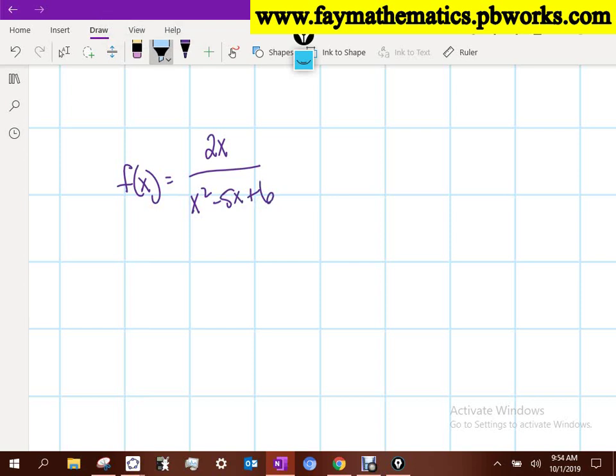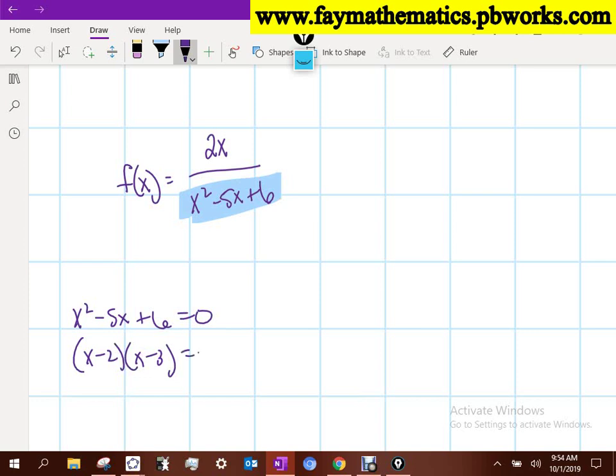Okay, we have division, right? That is posing a problem. So we take that, x squared minus 5x plus 6, and we set it equal to 0. What does this algebra tell me I have to do? I need to factor it, right? So that gives me x equals 2 and x equals 3.